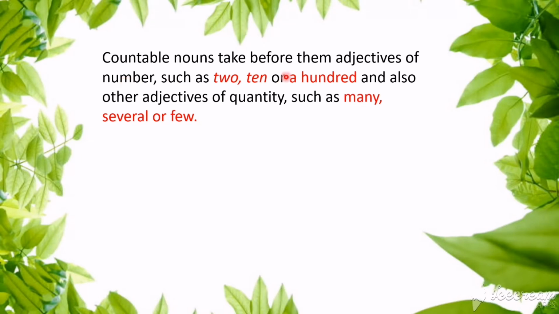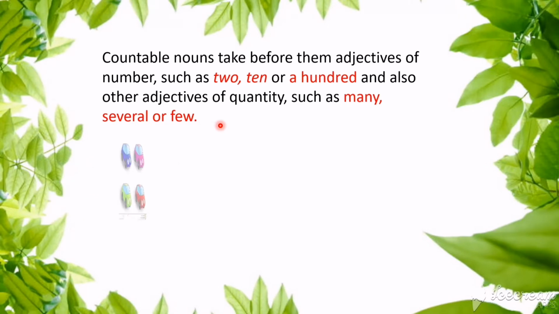These are the words that are used to represent the number of things. And quantities such as grams, kilograms, many, several, few are the words that are used to represent some quantity. So both numbers and quantity are used to represent countable nouns.